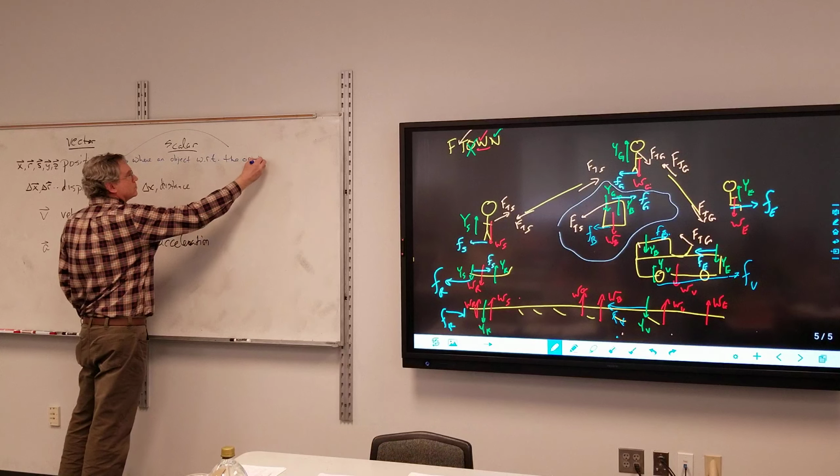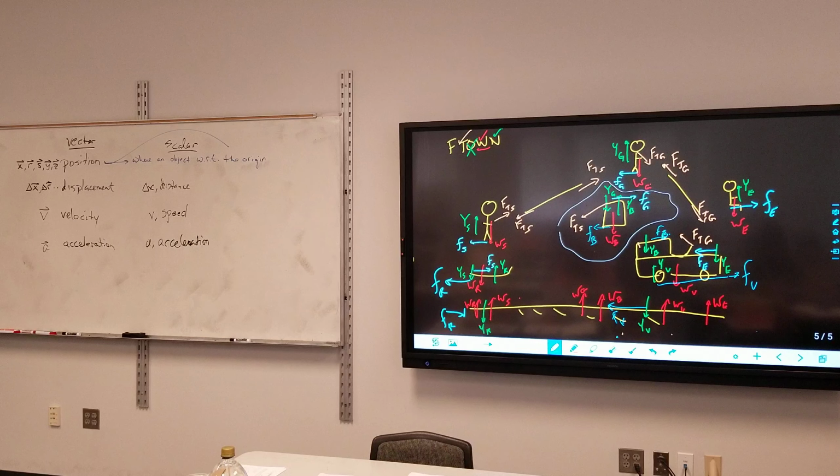So if we consider, we're going to simplify it, Columbia, South Carolina as the origin, my position right now would be 200 miles north. If Charlotte's the origin, we're 100 miles north. I need the north because it is a vector and the direction matters.